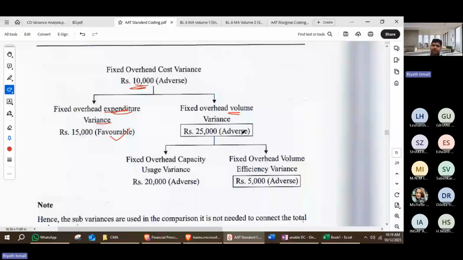The net effect is 10,000 adverse; the adverse supersedes the favorable. This 25,000 arises due to two adverse variances: one is capacity, another one is efficiency. Those are the volume variances.